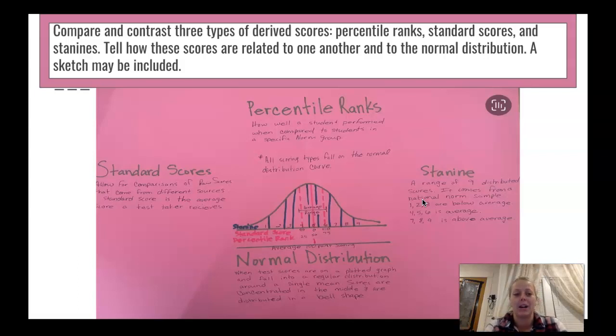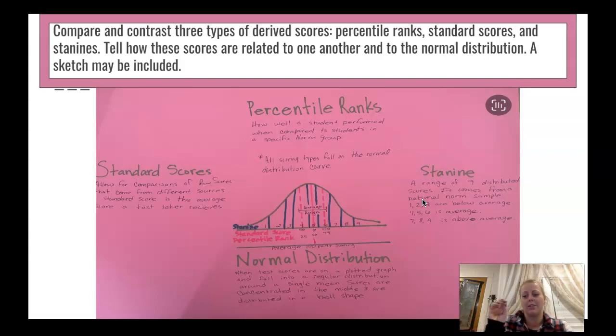Standard scores are comparisons of scores from different sources, and it's the average score the test taker gets. Percentile ranking is how well a student performed compared to students in a certain group of norms. And a stanine is the range of scores that come from a national norm sample.